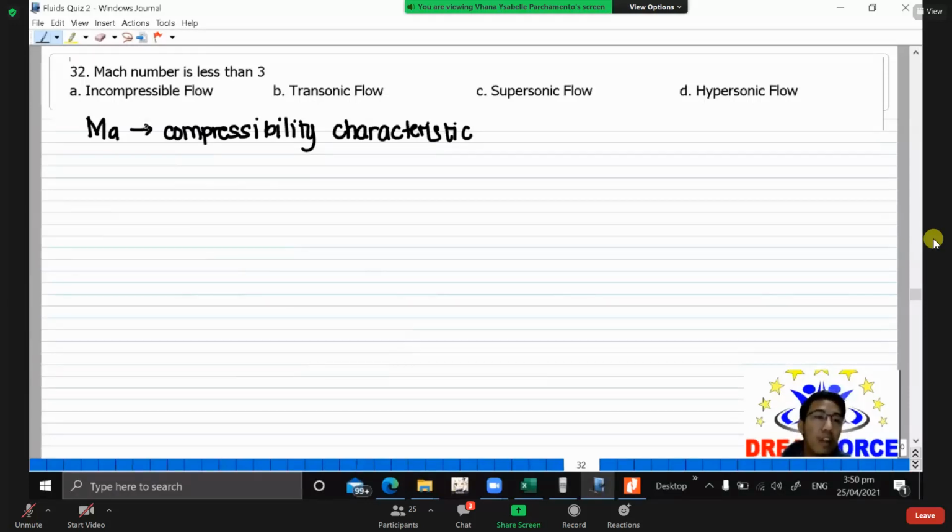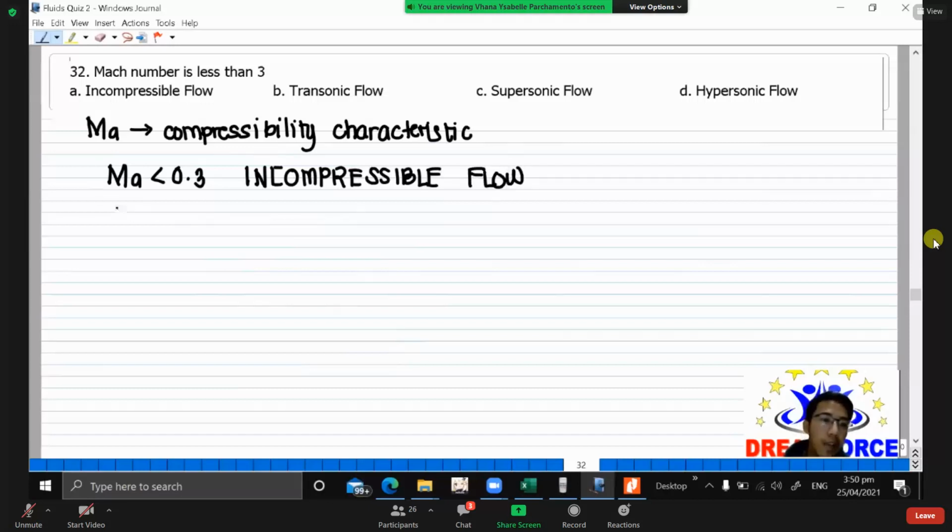Okay. Meron tayong 5 classifications of types of Mach number. Okay, ano ba yung 5 na yon? Okay, first, if the Mach number is less than 0.3, it is tinatawag na incompressible flow. Okay.